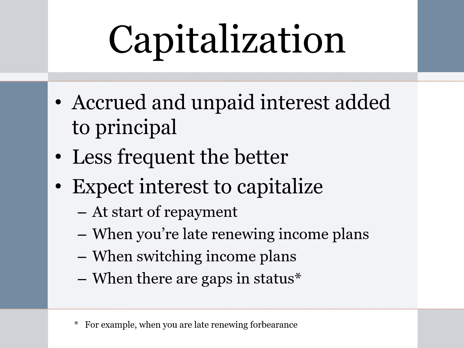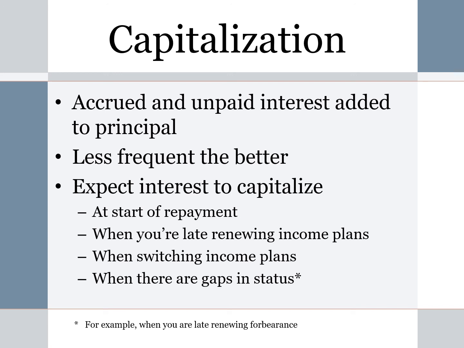Interest will also capitalize if you switch income plans. We're going to talk about that later. But for example, if you started in repay and then moved to pay, you can expect interest to capitalize. You can also expect interest to capitalize if you have any gaps in your status. For example, we have a module on postponement. If you are postponing your loans with a forbearance all the way through residency, you have to renew the forbearance every 12 months. Well, if you are late renewing your forbearance, there will be a gap and interest will capitalize.